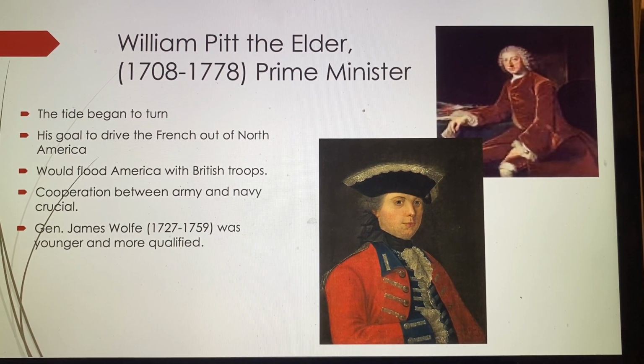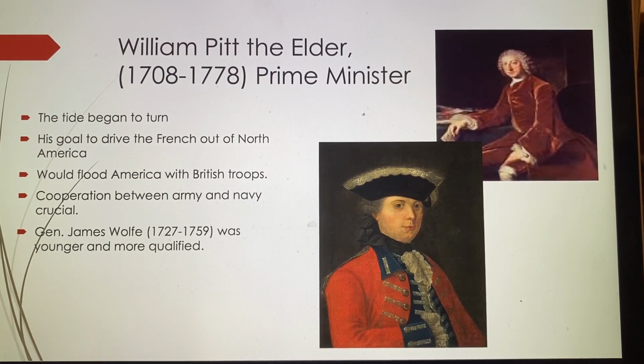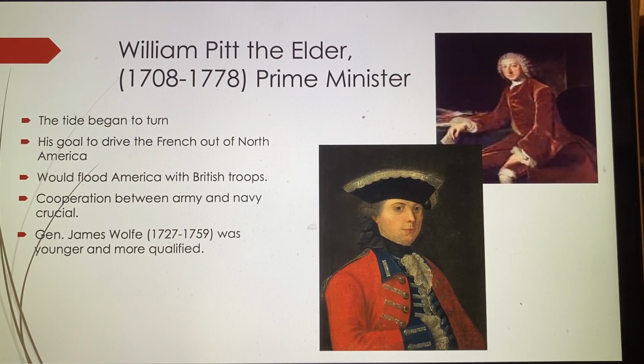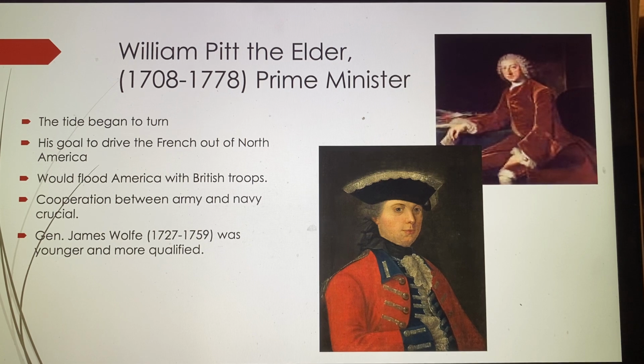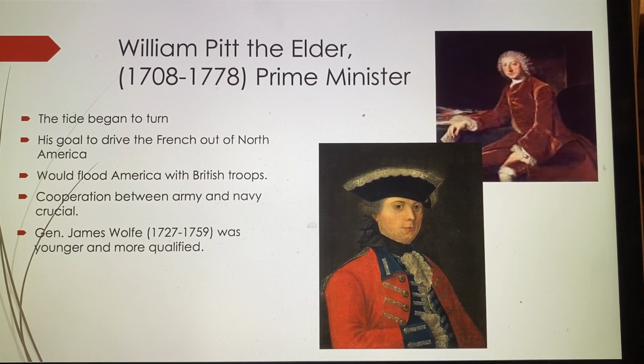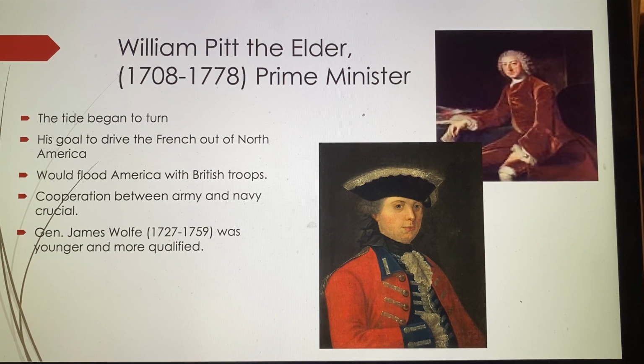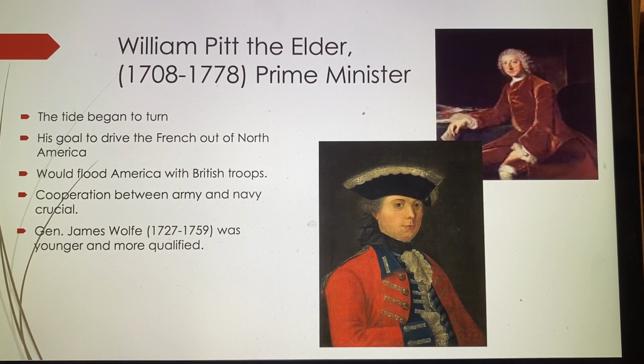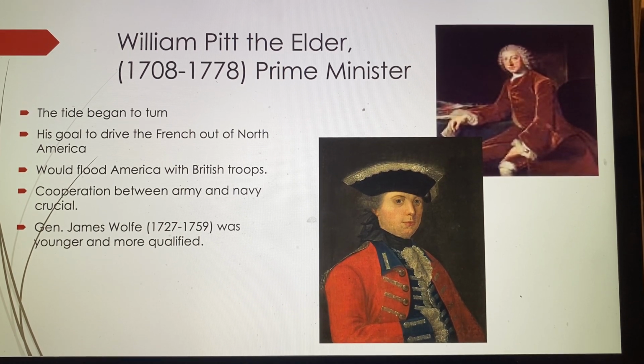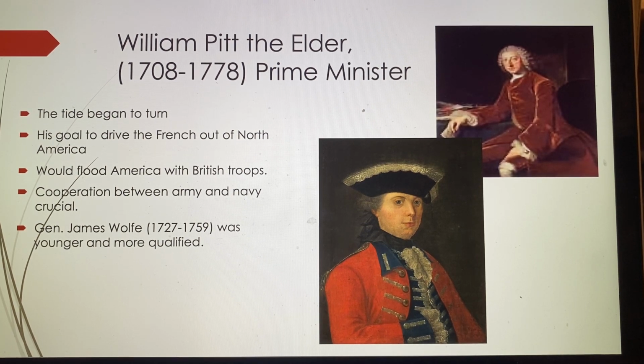He really did not want the French there, and his wars were against the French throughout history. He would flood America with as many British troops as he needed to fight the French, so the French would not take over the British colonies. He had cooperation between the Army and the Navy, and that was all working because of William Pitt.